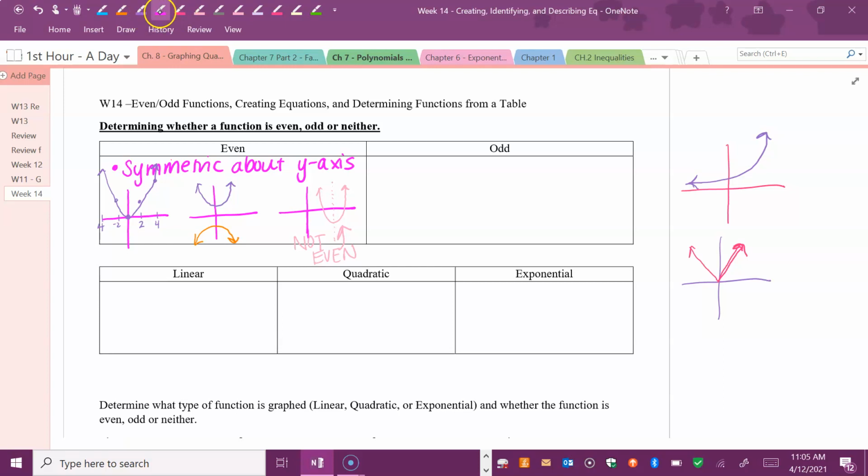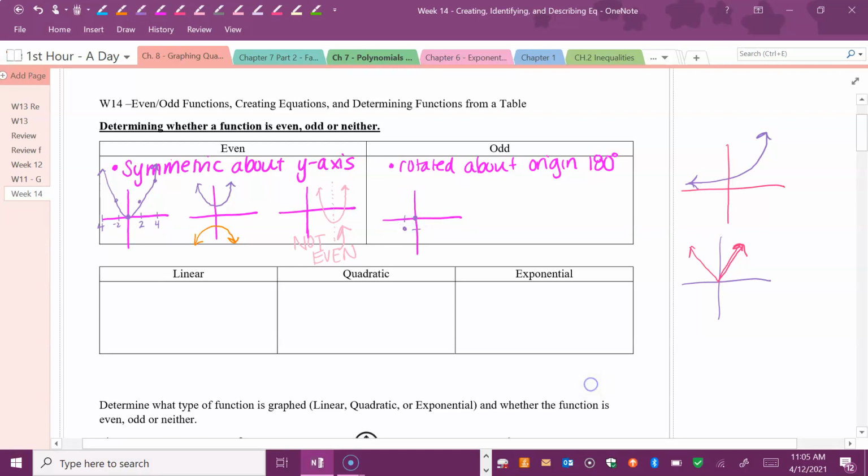In order to be odd, it has to be symmetric about the origin, or rotated, let's write rotated about the origin 180 degrees. An example of that means, if I have something at 0, 0, and then I have something at -1, -1, what we're saying is that when we plug in the opposite, we get the opposite.